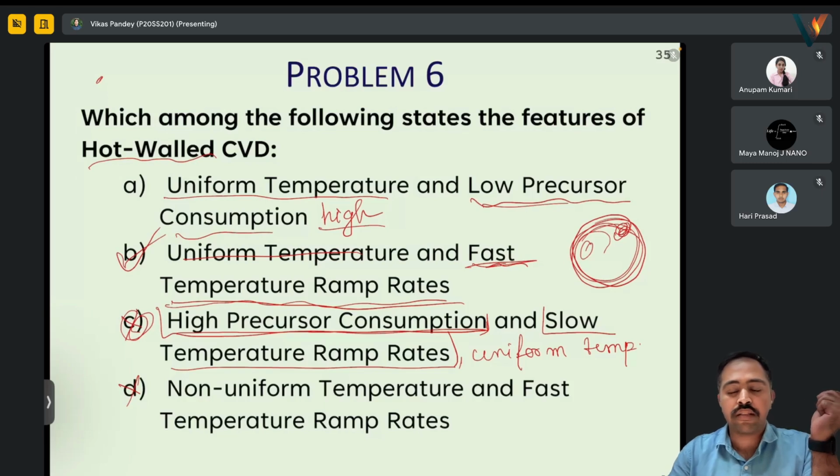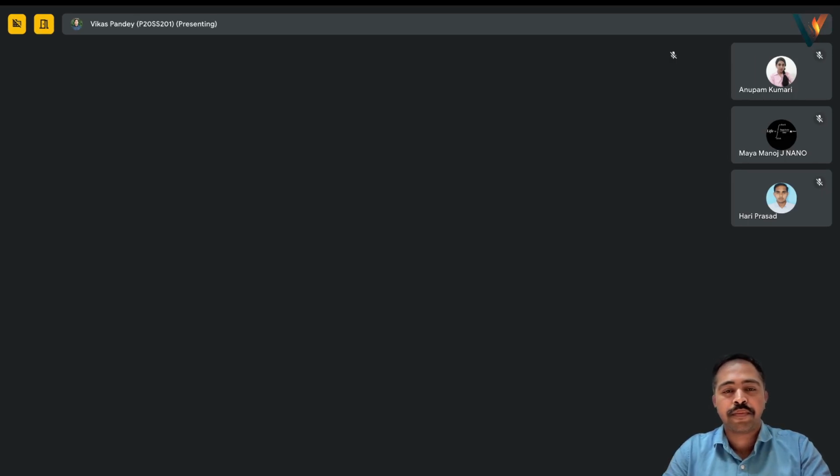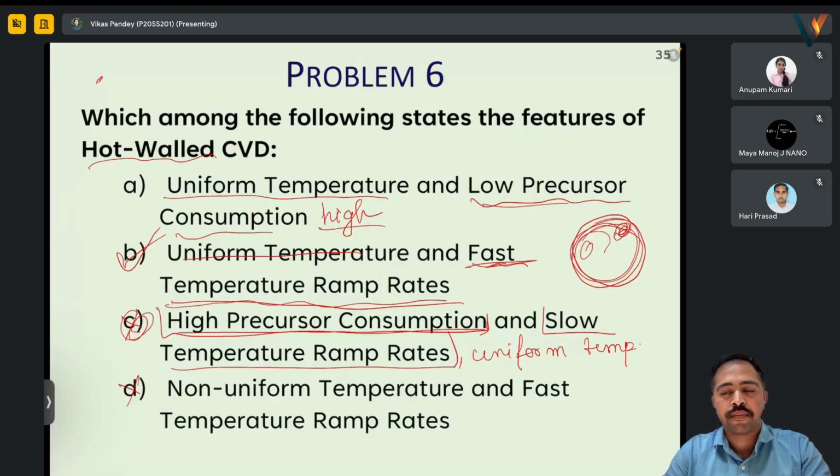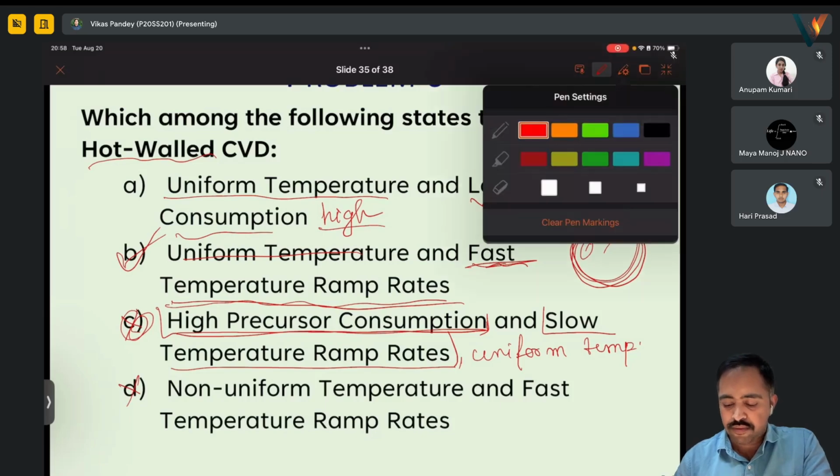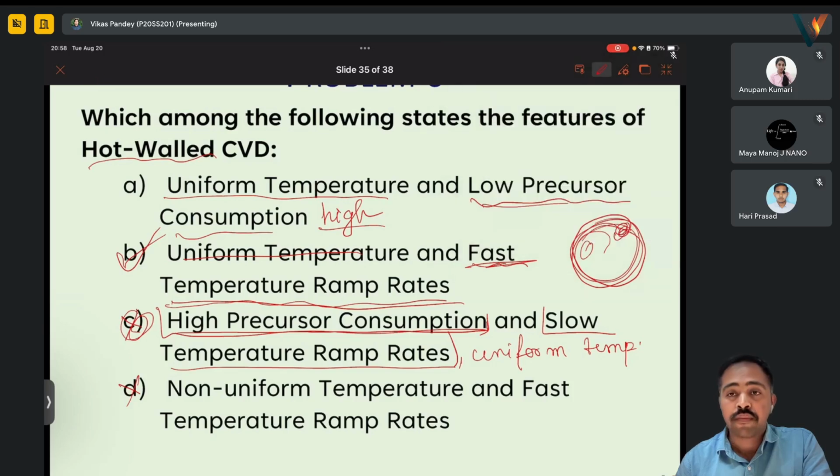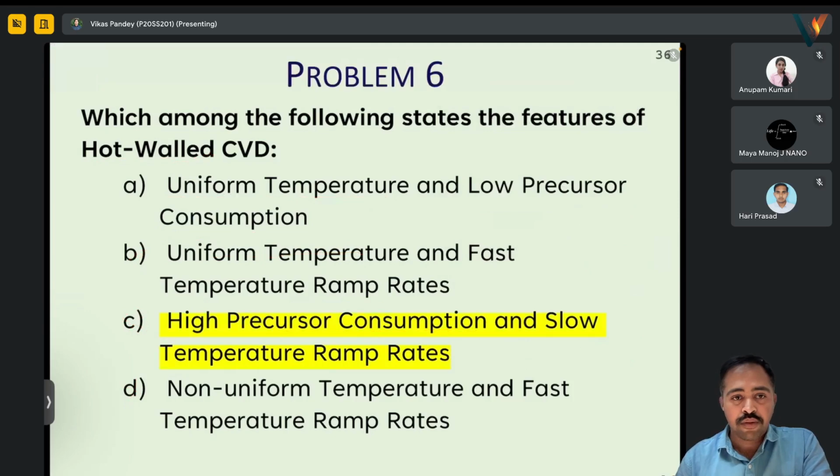So what will be the correct answer then? Anyone? It is high precursor consumption, since we have seen that since everything is heated, it will be consuming a lot.